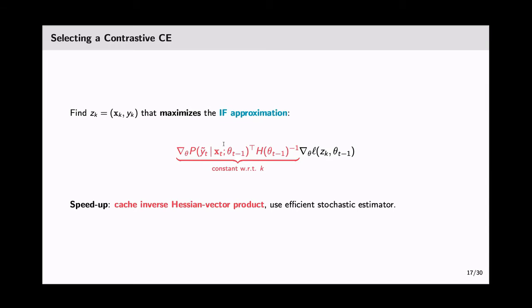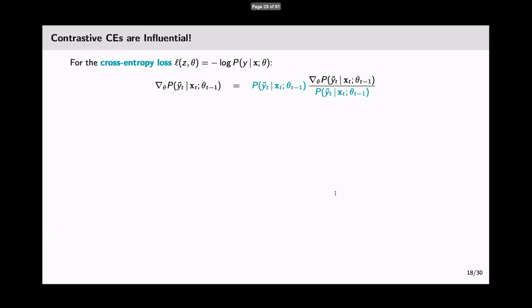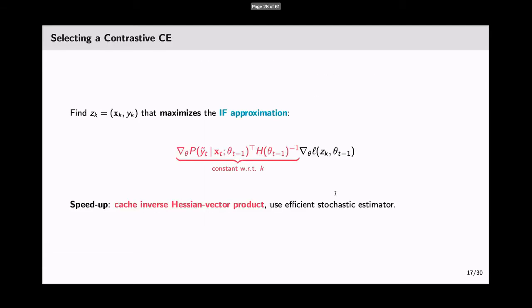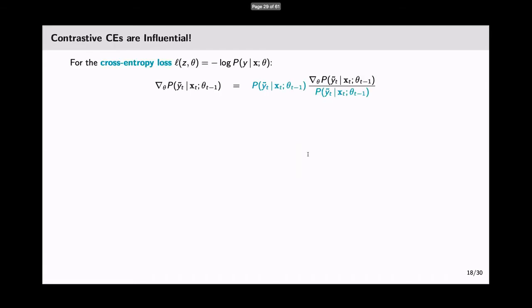So it means that we can cache this part, and so we can speed up our computation. Only this part needs to be computed for each counterexample. So if we solve this, we can find a counterexample that is contrastive.